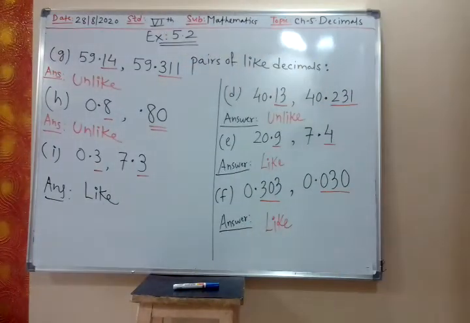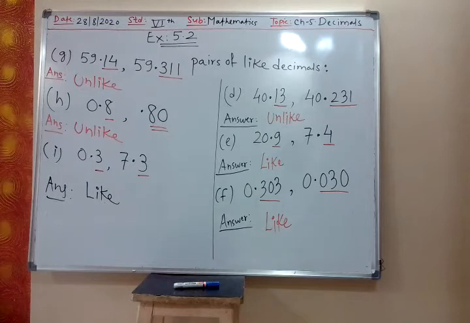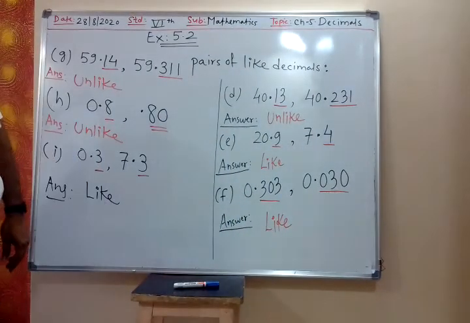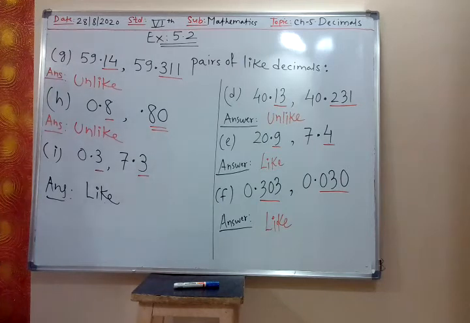So after decimal or after point, we count the number of digits. If the number of digits are same after decimal, the fractions are like fractions.